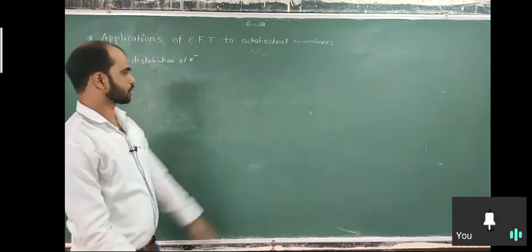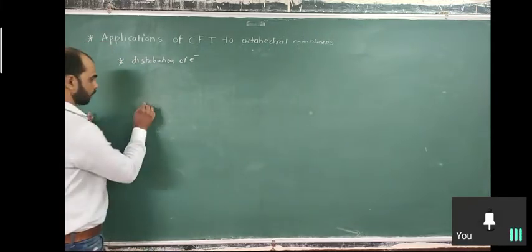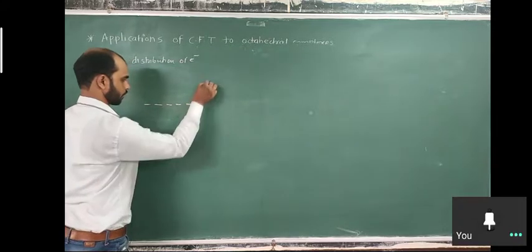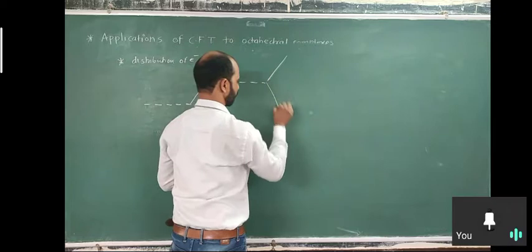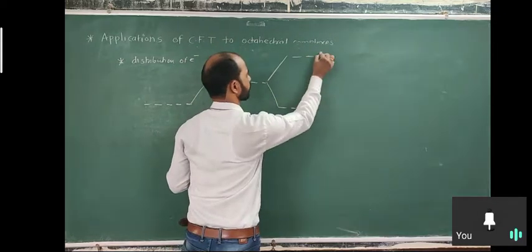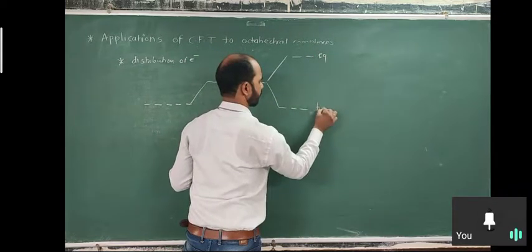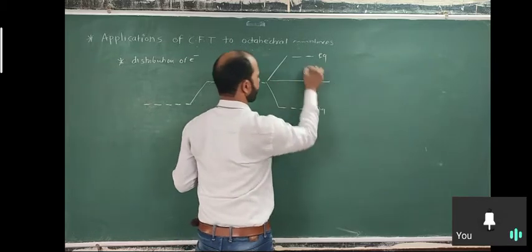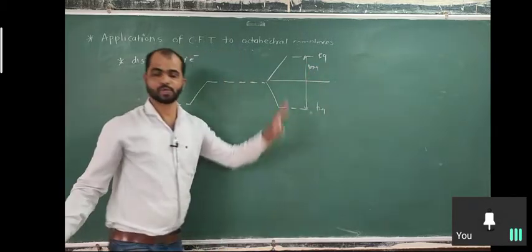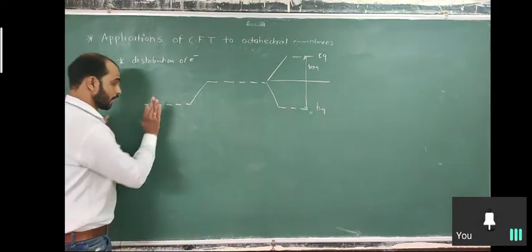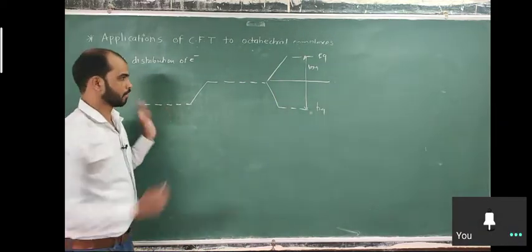So for the d electrons, we again draw here. Suppose there are 5 orbitals, 1, 2, 3. Here is the Eg, here is the T2g. It is the barycenter. This is the 10 Dq value. Suppose you have the splitting and the same electrons.